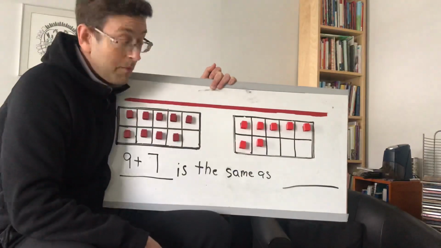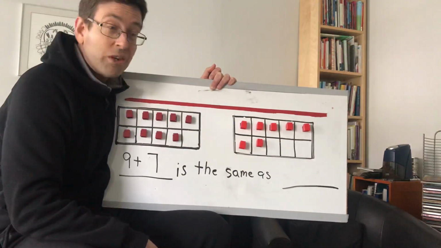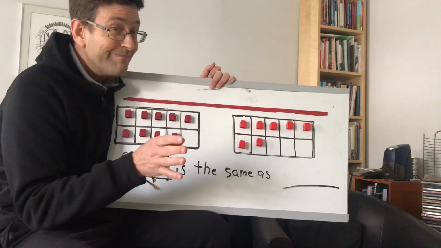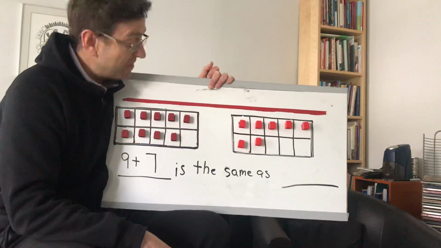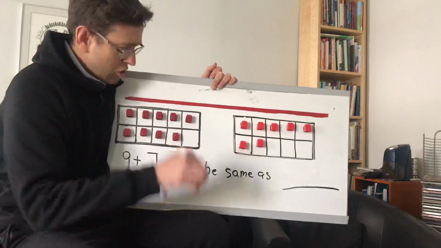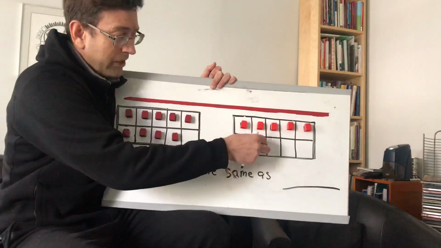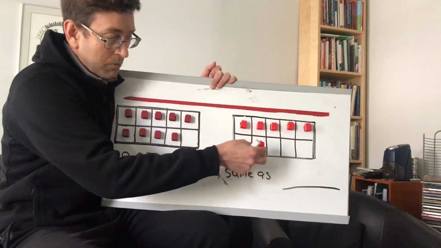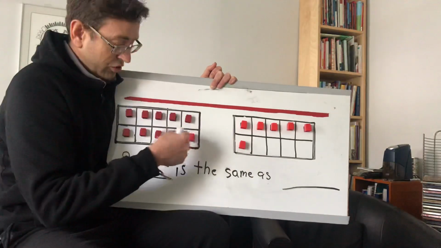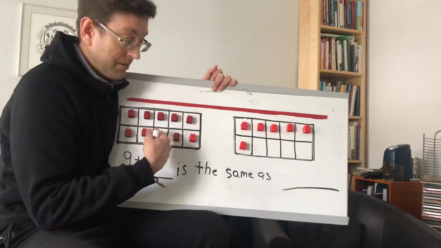But remember, mathematicians, they often work around that friendly 10 because 10 is a friendly number to mathematicians as well as 5. So how do we find the 10? Well, we take 1 from the 7 and we move the 1 from the 7 to the 9, and now the 9 becomes a 10.